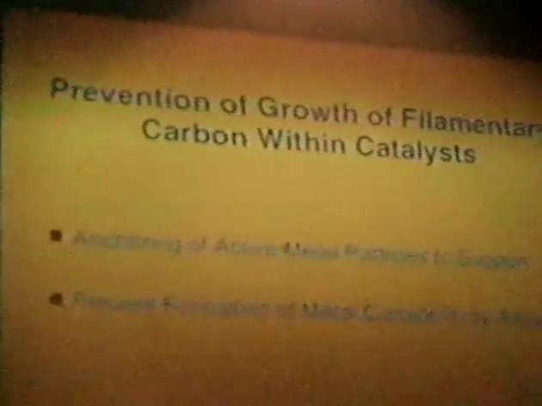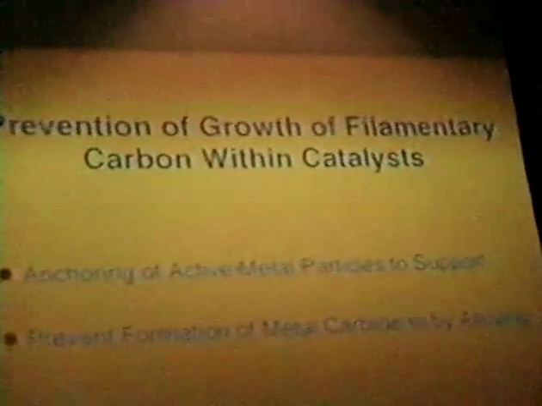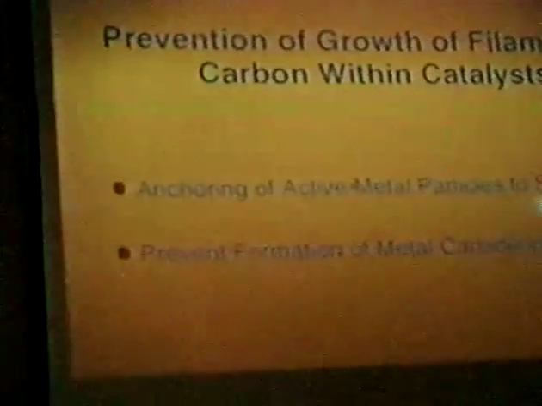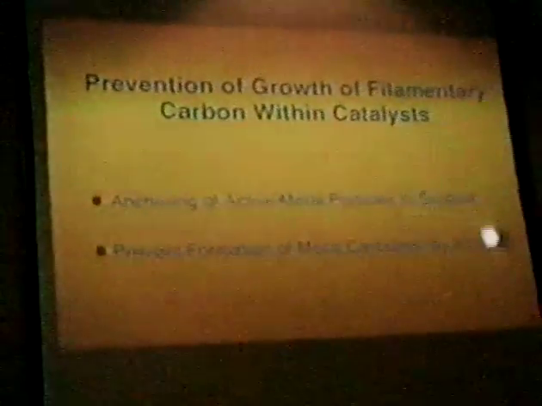If you are trying to do the same with iron on silica, you are just in between the devil and the deep blue sea. The iron is reacting with the silica too strong, and you get a type of green glass, or you are reducing your iron out of your silica, and then you get iron particles that are no longer very well fixed to the silica. So it's difficult. Here, I just want to discuss preventing formation of the metal carbides by alloying.